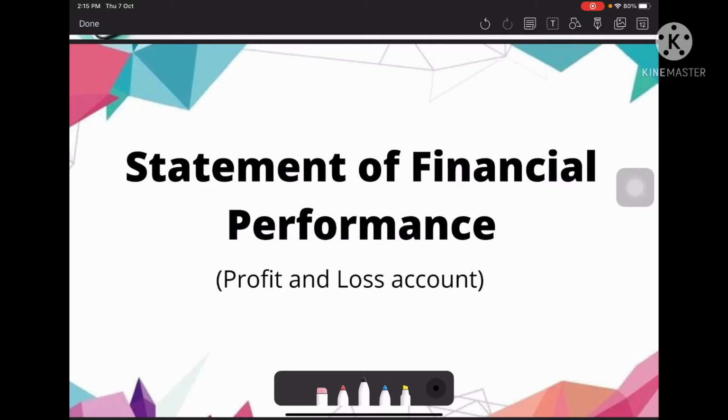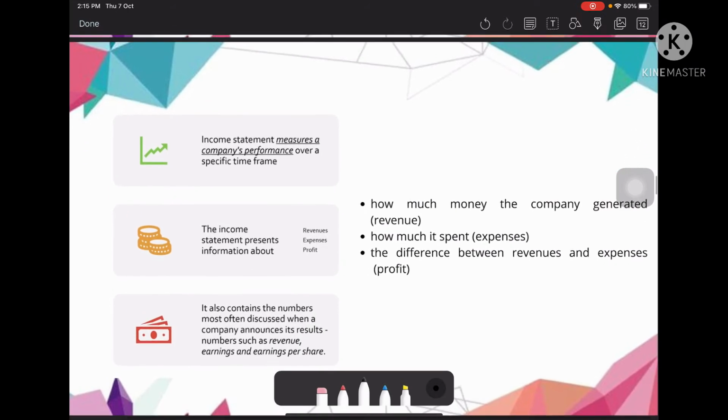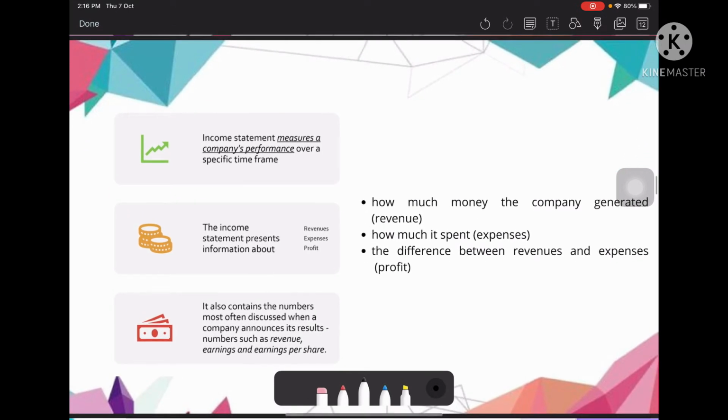Alright, so in this video we are going to continue part 2 of chapter 2, that is the statement of financial performance. The statement of financial performance is referring to the profit and loss account. In the statement of financial performance, the goal is to calculate the income of a company.